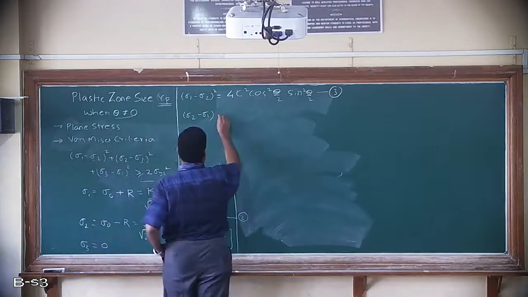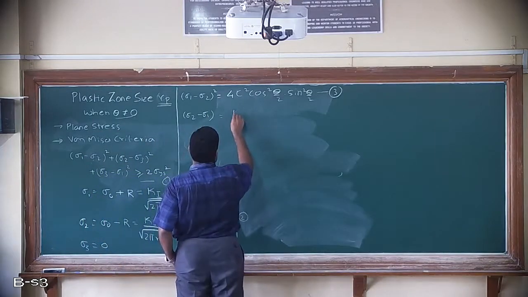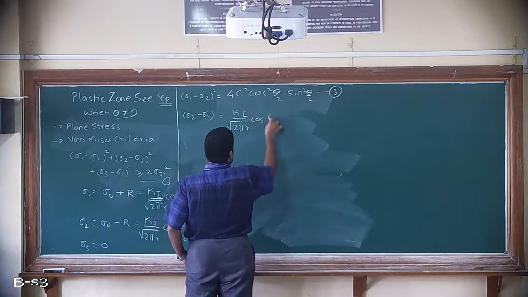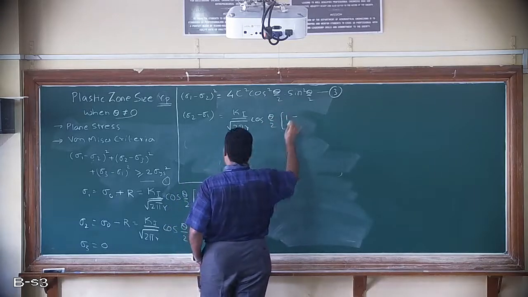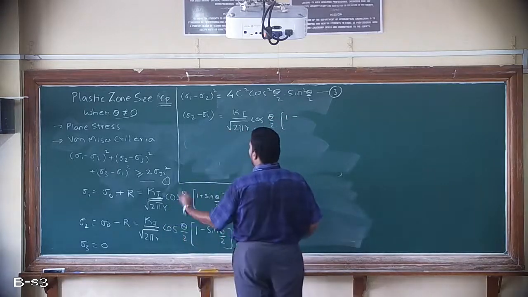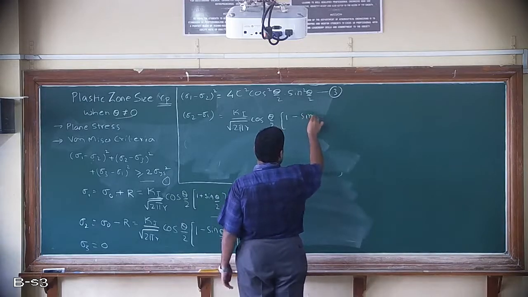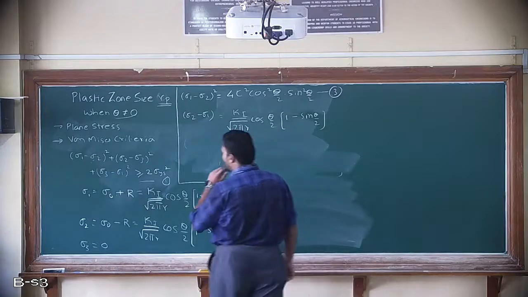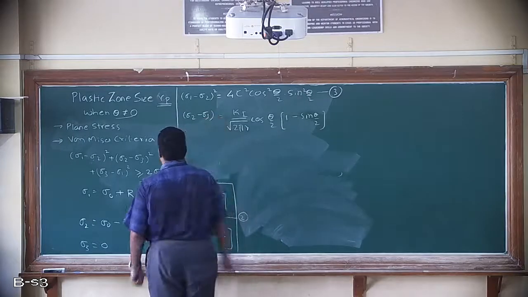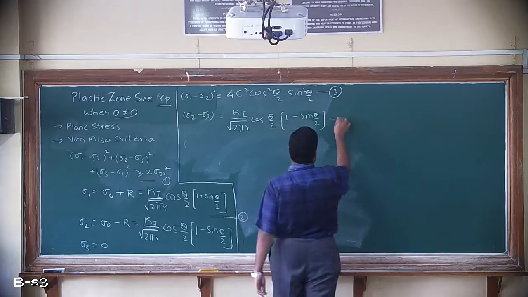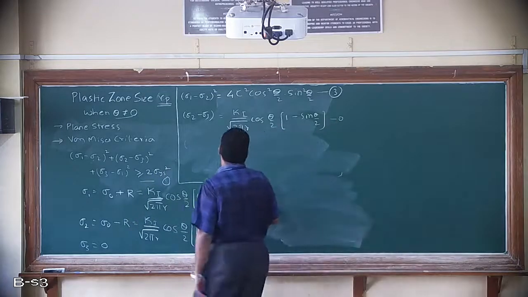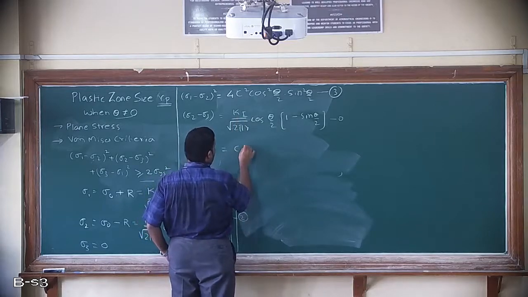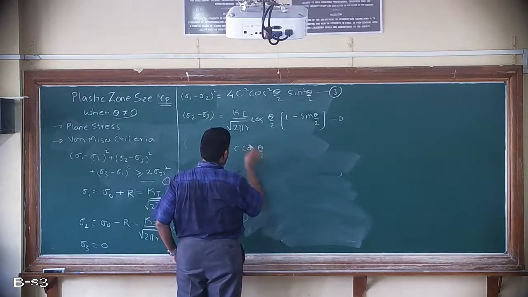So this can be written as σ2 is K_I / √(2πr) × cos(θ/2) × (1 − sin(θ/2)), and σ3 will be nothing but 0. So this can be written as K_I / √(2πr), which we have taken as C. So C into cos(θ/2).